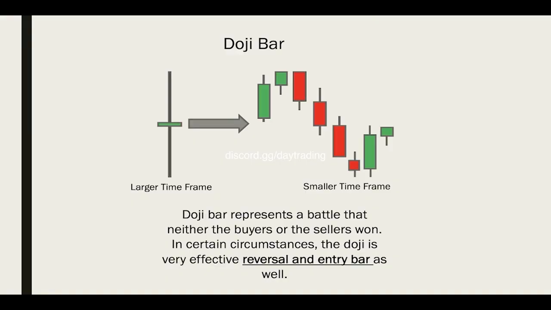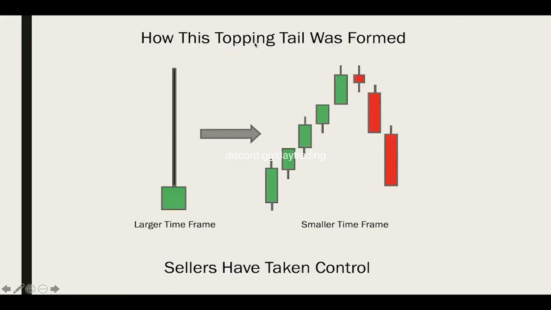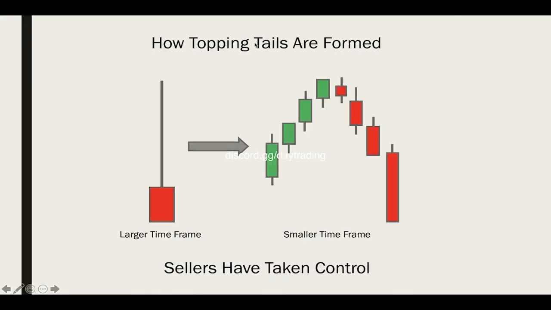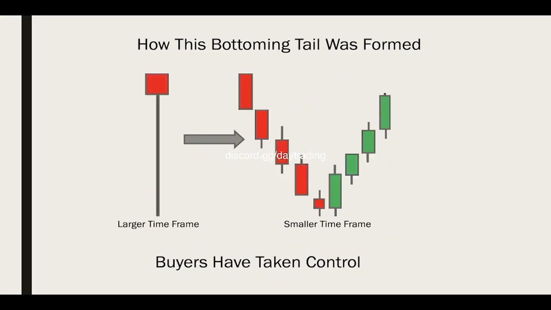Okay, so that's the end of this beginner candlestick class. And if you guys are a little bit confused on what these candlesticks actually mean, how to read them in sequences, or actually applying this information, just stay tuned. It's all going to make sense as the course progresses. But please make sure that you understand what a doji bar means, what topping tails mean, what bottoming tails mean, right?